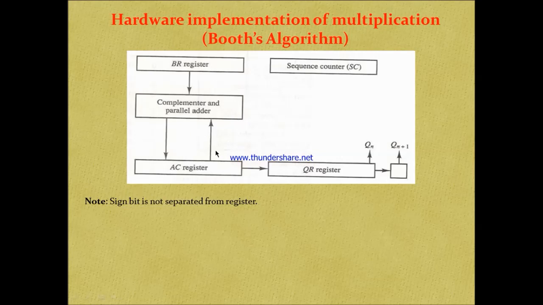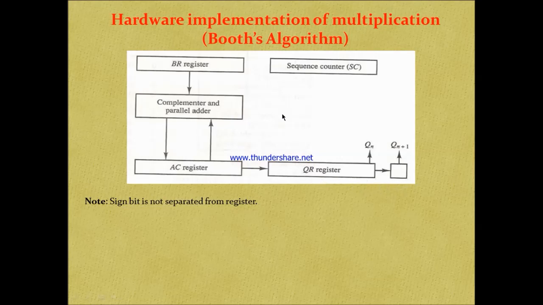One thing we should keep in mind is that the sign bit is not separated from the register. In the earlier case, signed magnitude multiplication, we have seen that along with the register we have one sign bit, one register for the single sign bit.